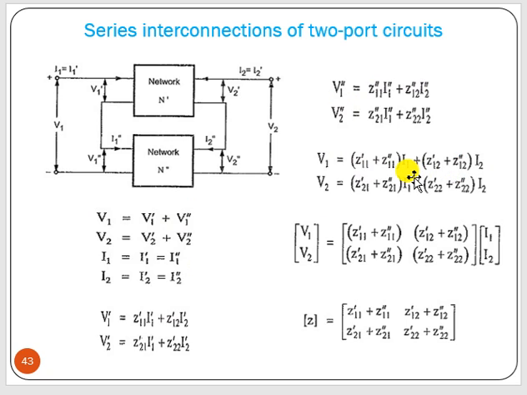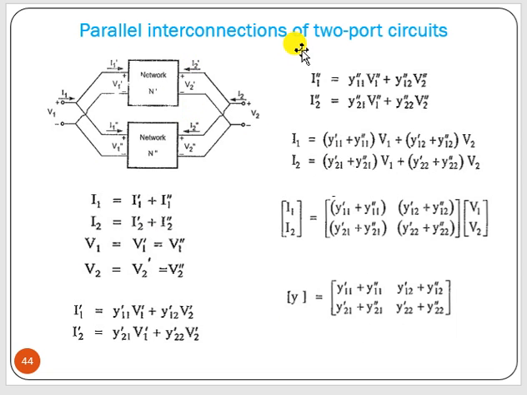So in terms of I1 and I2 we can write that. Now what we get is the addition of the parameters. That means Z11 prime plus Z11 double prime, Z12 prime plus Z12 double prime, and like that. So this is the equivalent Z parameter if two networks are connected in series.